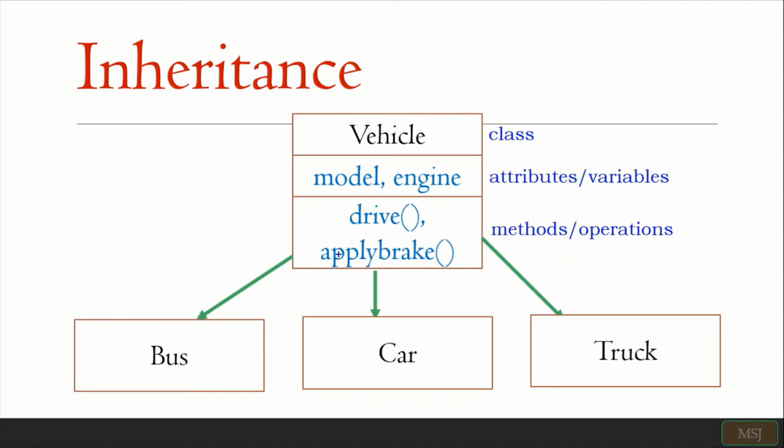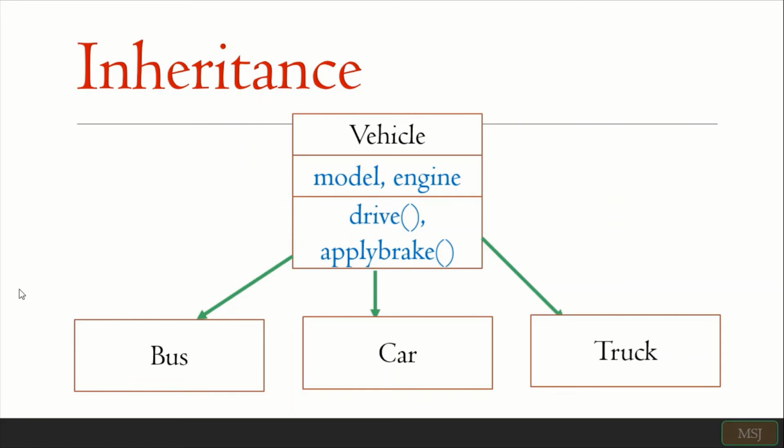Now this is the base class. What we are doing is creating three more classes based on this parent class. All the attributes and operations of this vehicle class can be derived by this bus.